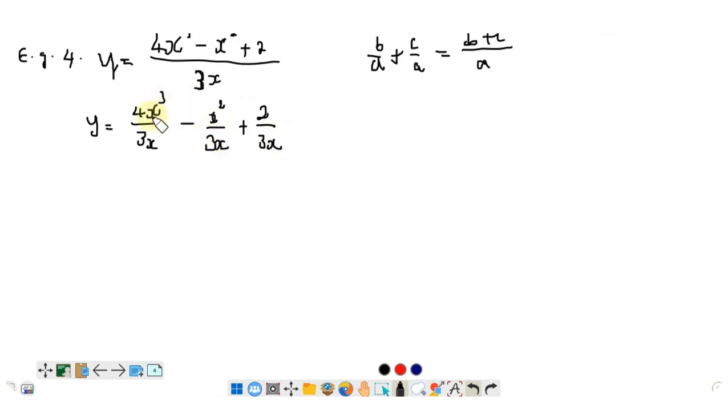Now we see there are similarities: there's x, there's x, there's x. So we're going to simplify it even further.